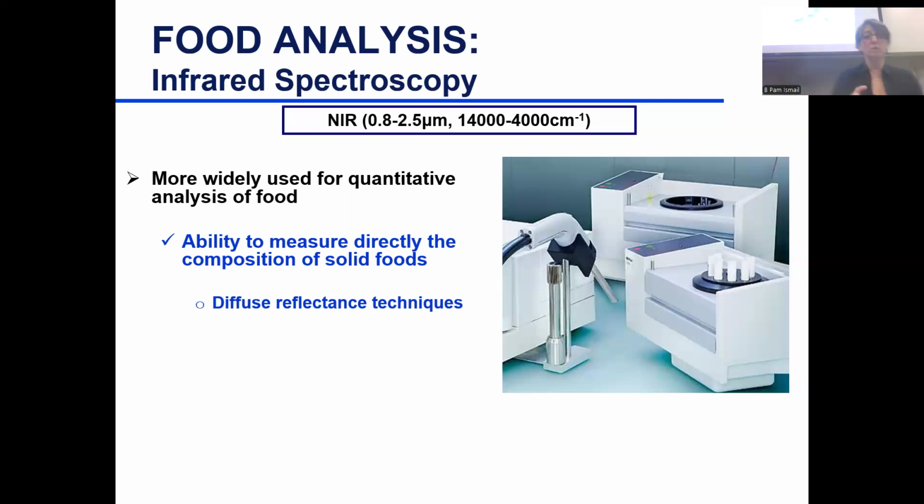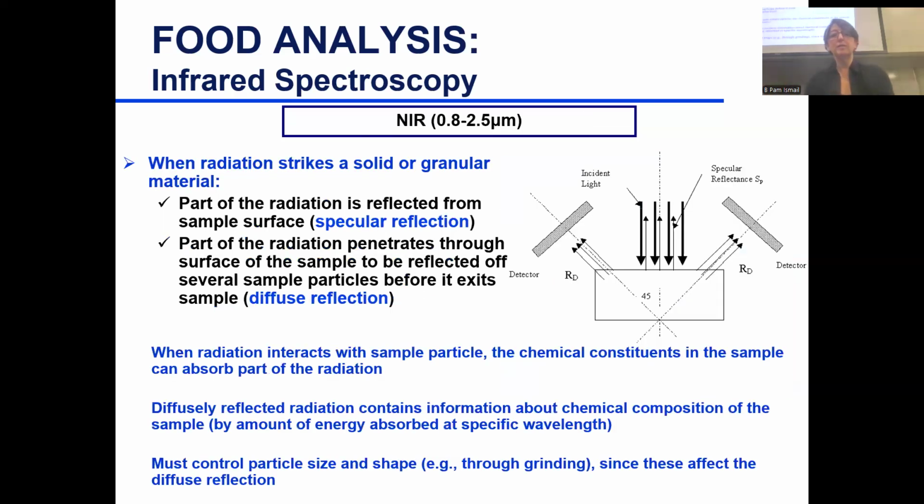It's pretty cool, and it works with diffuse reflectance, meaning the IR light goes into the sample, and the light that does not get absorbed gets reflected and goes to the detector. There is light that gets reflected right away without going in. It's like a mirror.